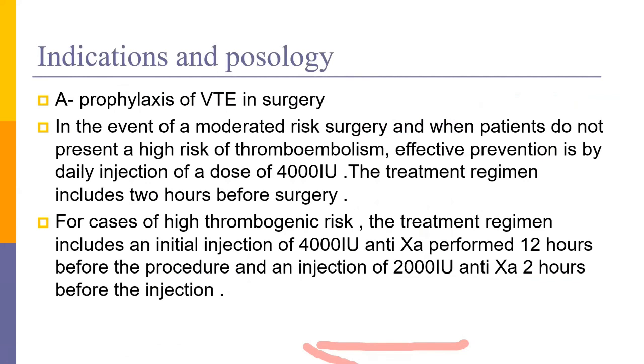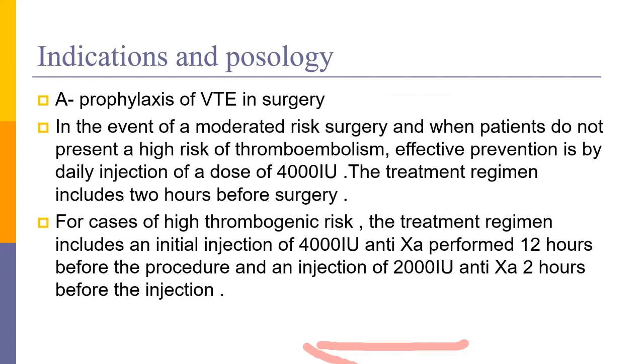So the indication and posology: one, prophylaxis of deep vein thrombosis in surgery, in the event of a moderate risk surgery, and when patients do not present a high risk of thromboembolism. Effective prevention is by daily injection of a dose of 4,000 international units. The treatment regimen includes an injection 2 hours before surgery.